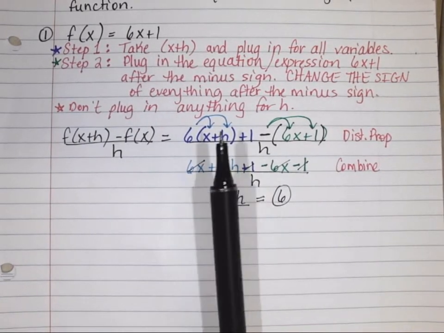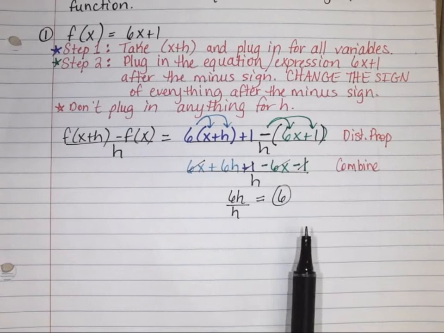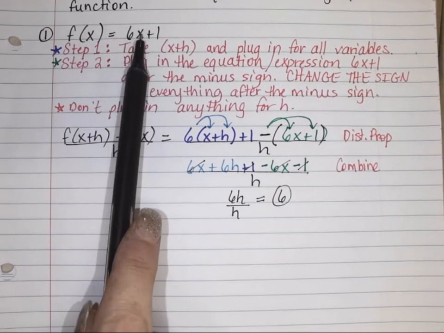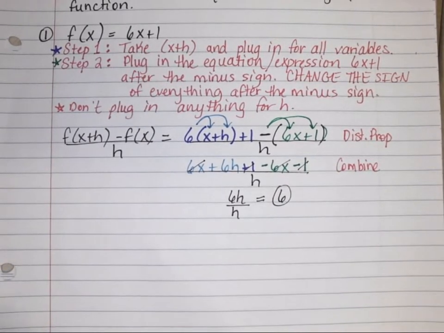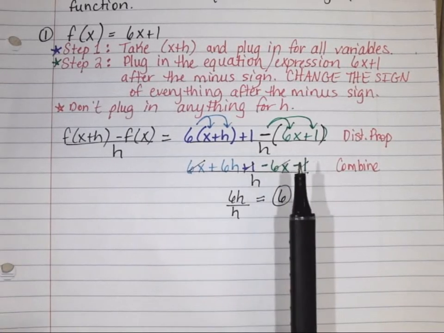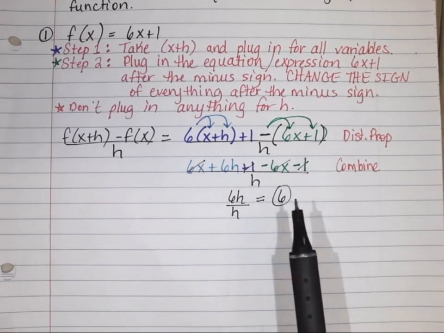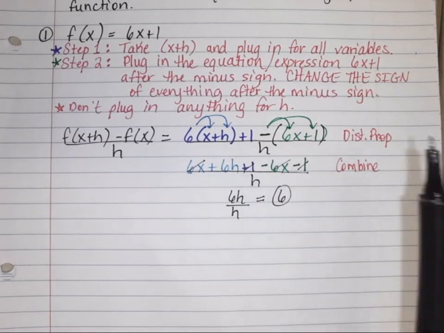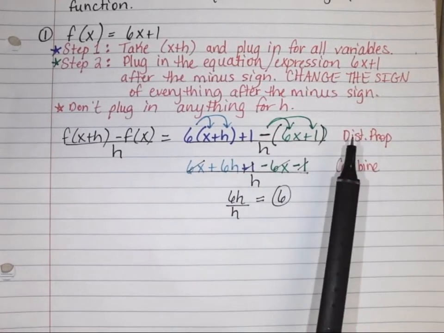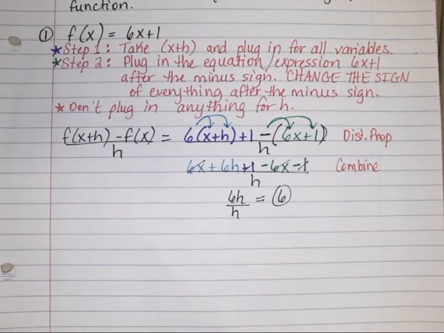So yeah, I'm sure you're asking me, why do we do all that work when we can just look and get the slope? Well, I'm going to make you know the difference quotient and definitely make you show me how you got 6 using the difference quotient. But where it actually comes into play in a better sense is when we have quadratics, which you're about to see.